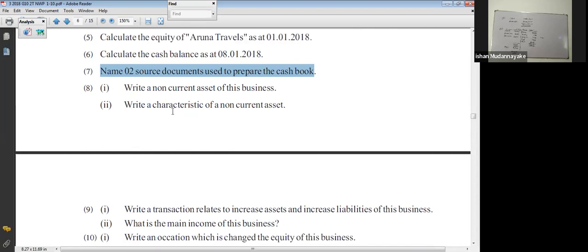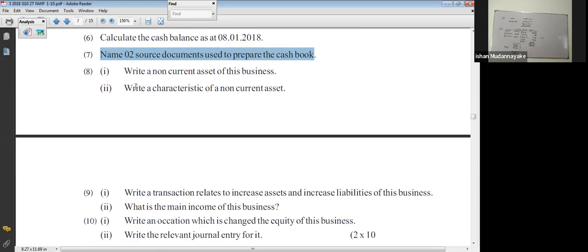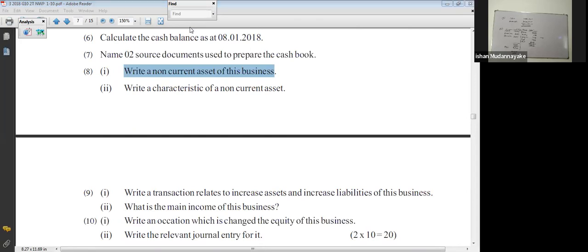Question number 8. Write one of the non-current assets of the business. Office, motor vehicle.